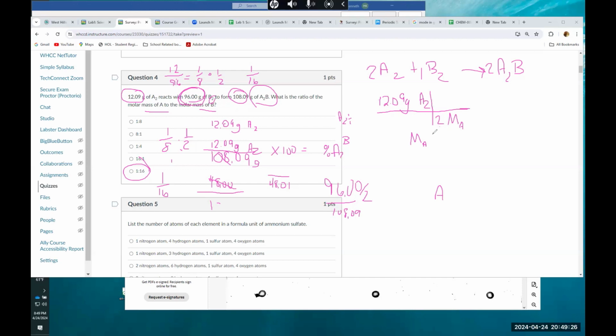And then that's going to give us our number of moles, because this will be grams, that would be moles of A. And this is just A only.